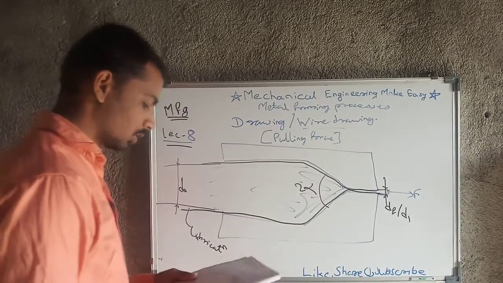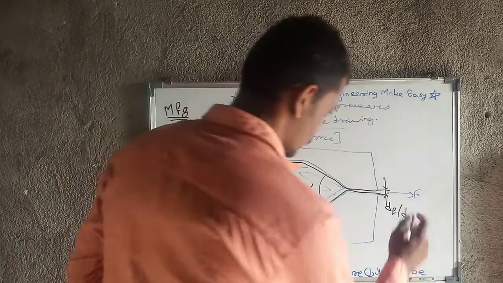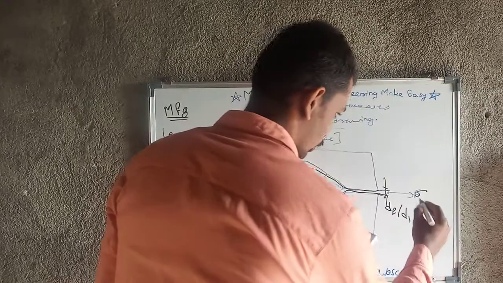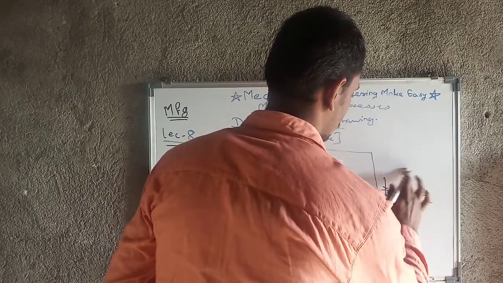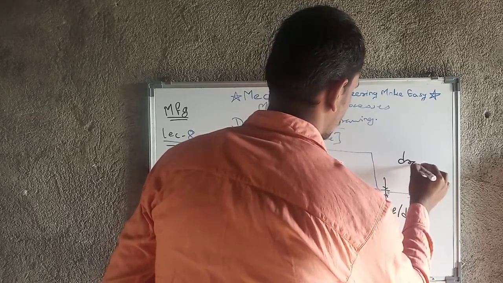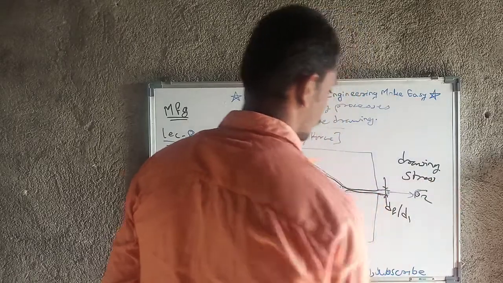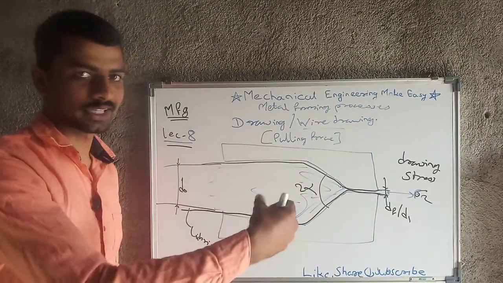Then we are going to denote with stress sigma 2, which is the drawing stress. The stress required to draw, that's why the name is drawing stress.